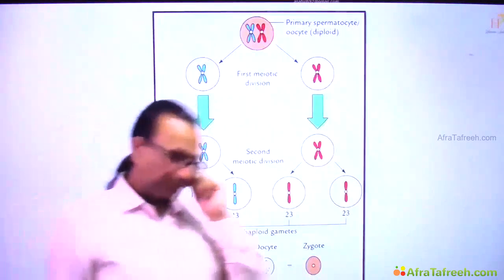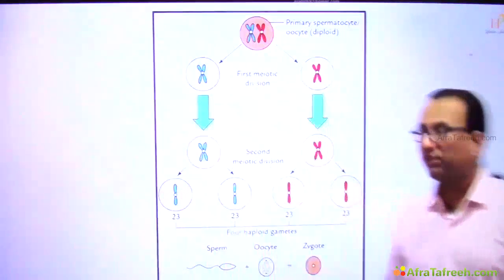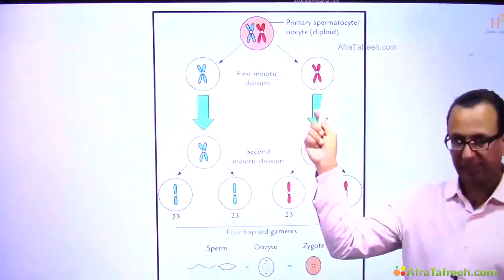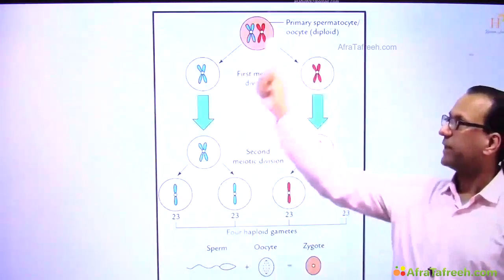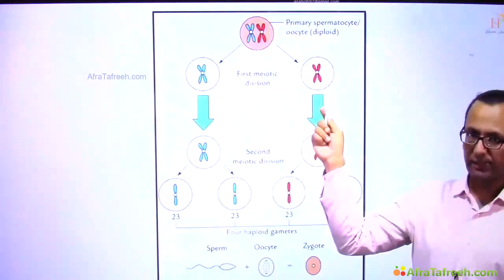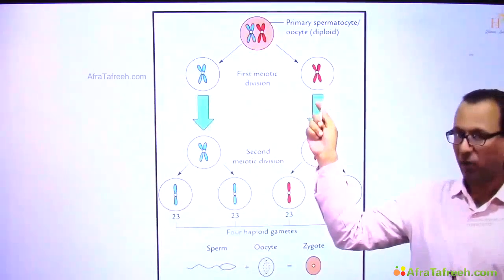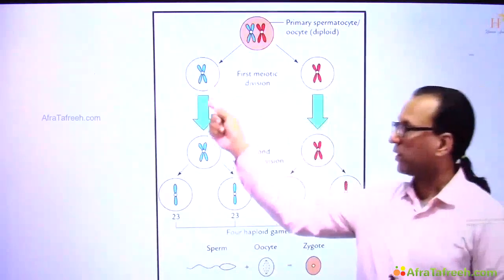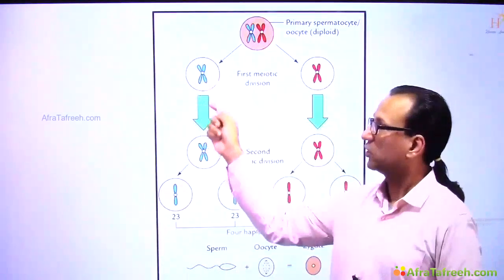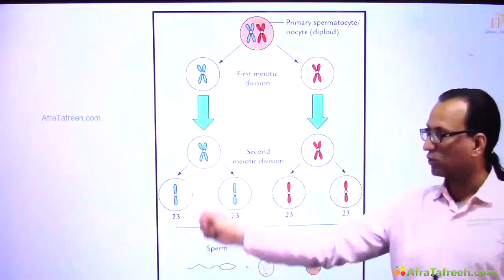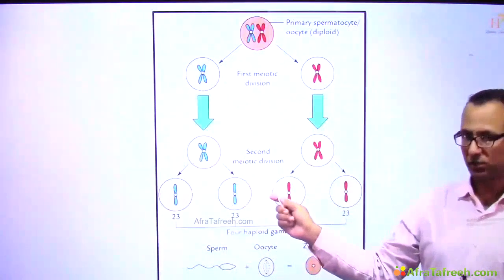The point is, meiosis is a cell division where the homologous chromosomes are separating. Maternal and paternal chromosomes are separating. So this cell which you find here becomes haploid. And this haploid cell has duplicated chromosomes, the sister chromatids, and the sister chromatids are going to separate during meiosis 2.